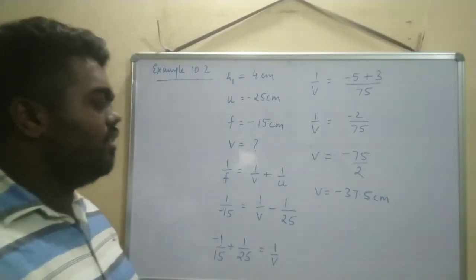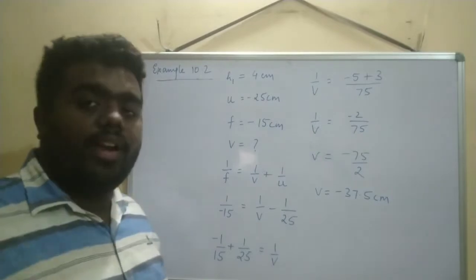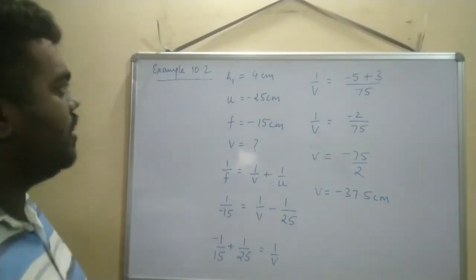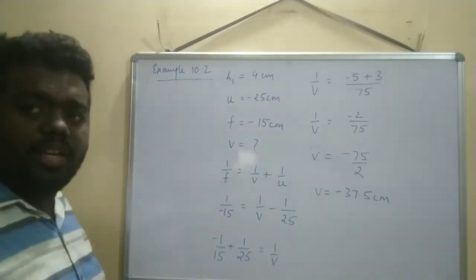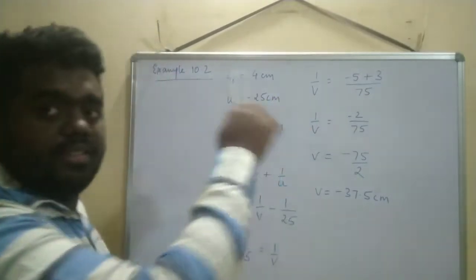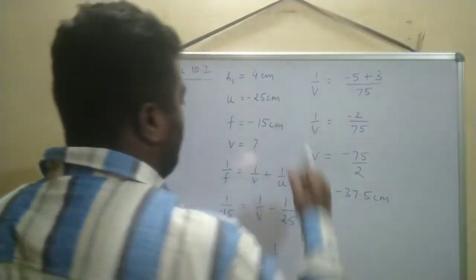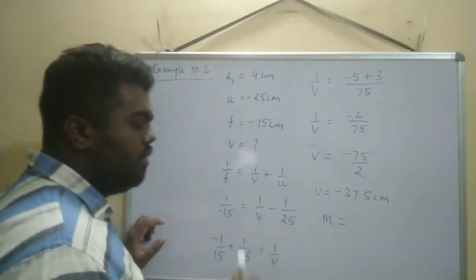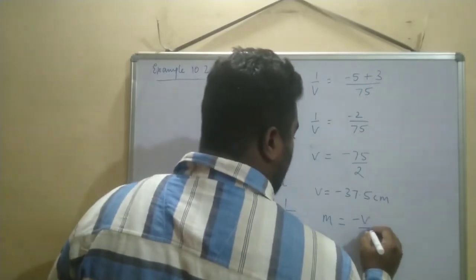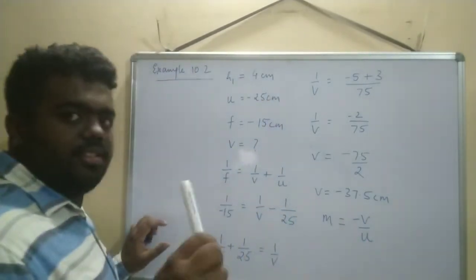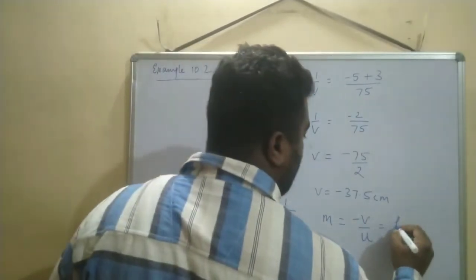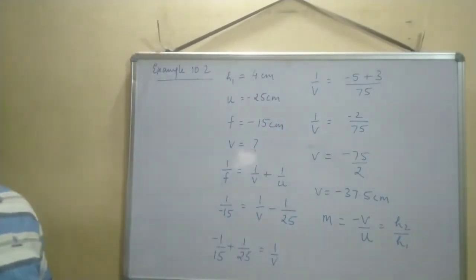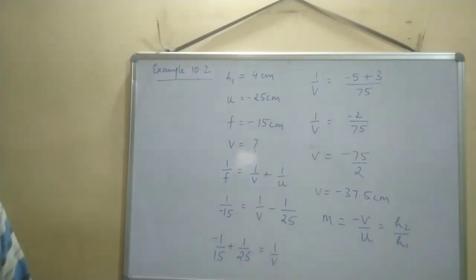Now the question says to find the size of the image also. The height of the object is given. So we know the formula of magnification: m is equal to minus v by u, and this is also equal to h2 by h1.